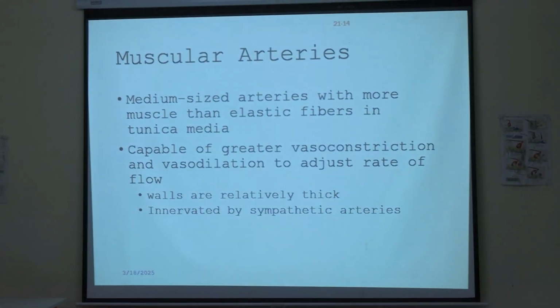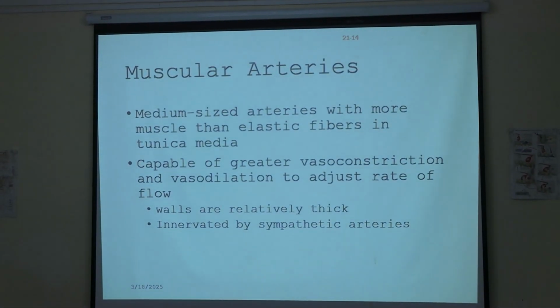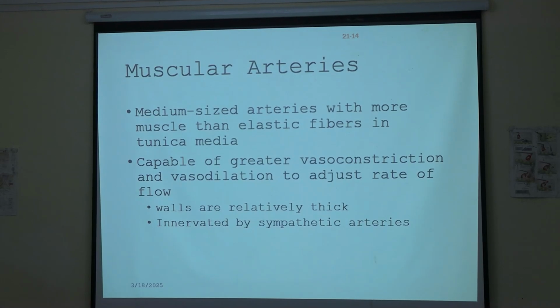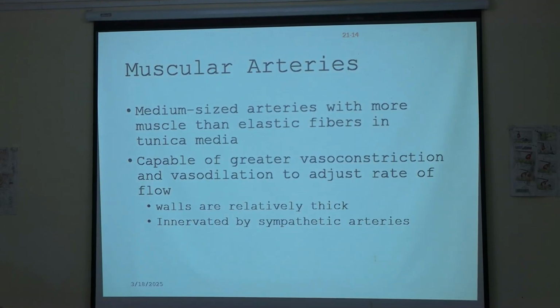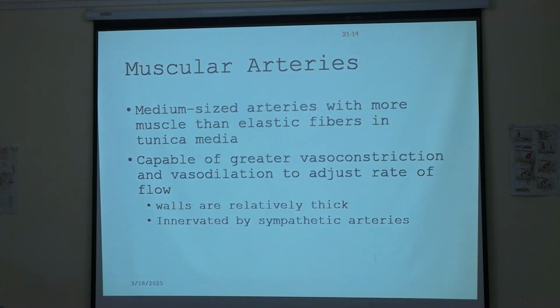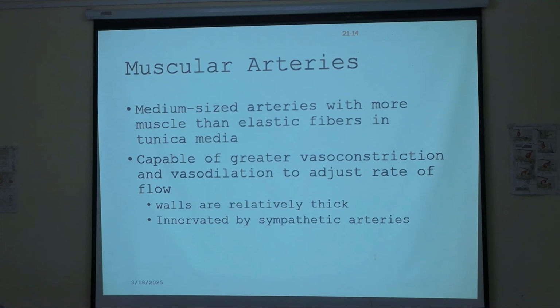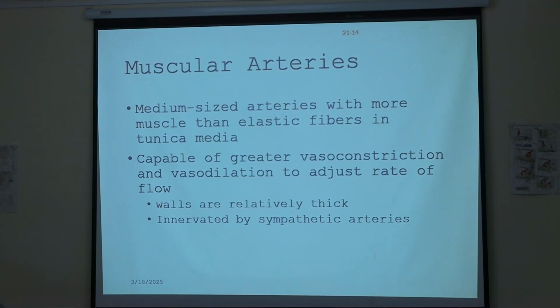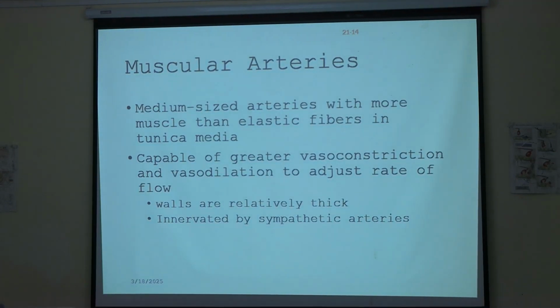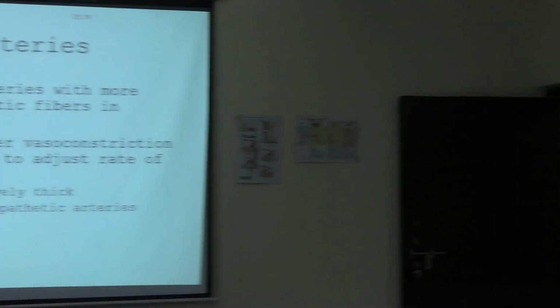Muscular arteries. These are medium-sized arteries with more muscle than elastic fibers. So what is their main purpose? Why are these muscles there? Because we have to increase or decrease the blood pressure.